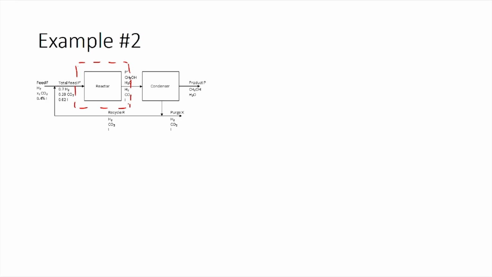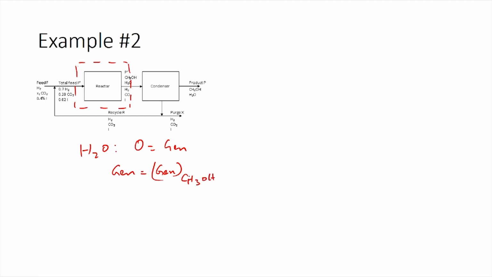Let us take the reactor as the system, and we can write the relevant balances to calculate the amount of methanol and amount of water, hydrogen, carbon dioxide and inerts which would be leaving the system. So, obviously water is only being produced. So, your output would be equal to generation. Using the stoichiometry, the generation of water would be equal to the generation of methanol.